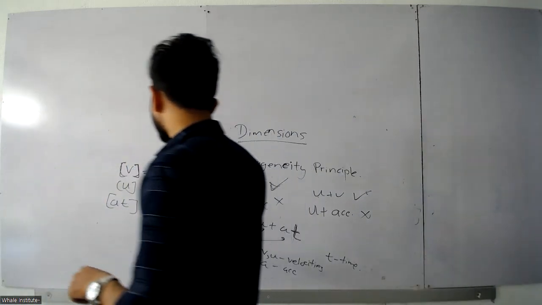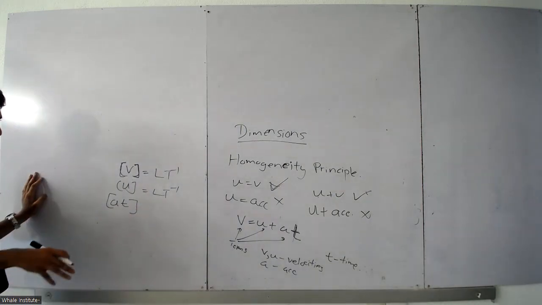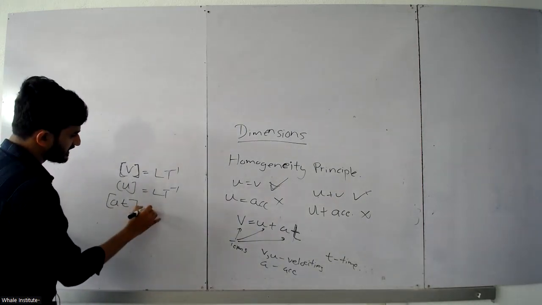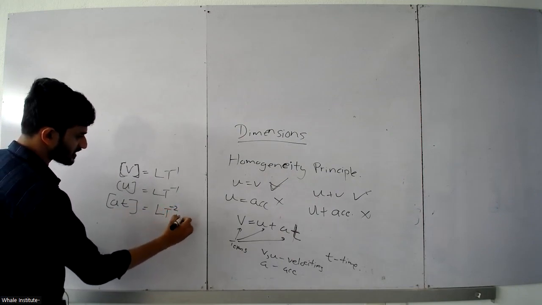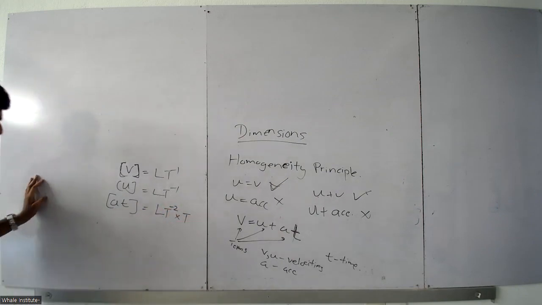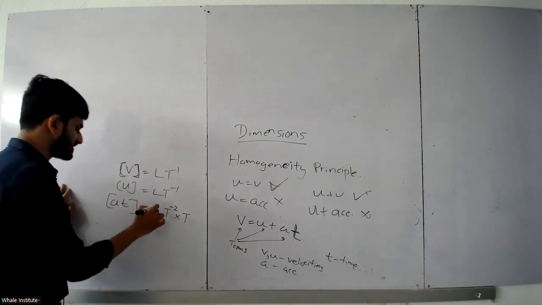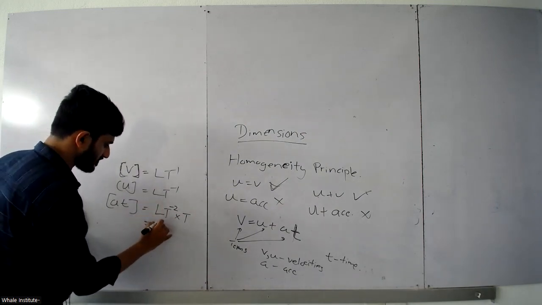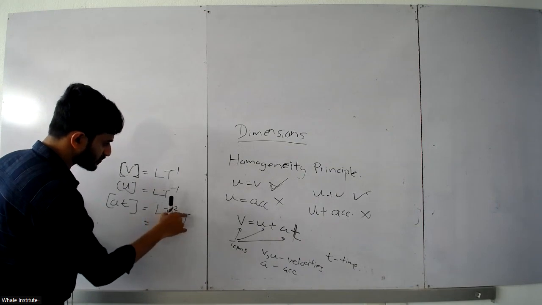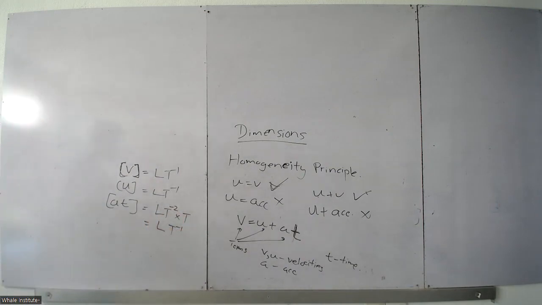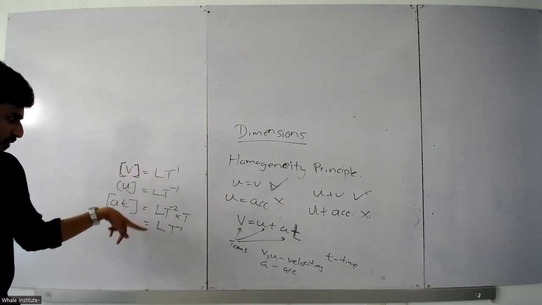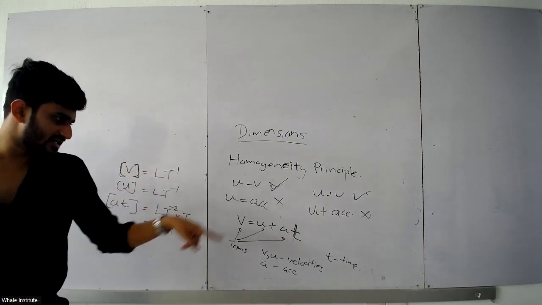We need the dimension of the term at together, not a or t separately. The dimension of acceleration is LT minus 2, and the dimension of t is T, so the result is LT minus 1. Here you can see that the dimensions of all three terms v, u and at are the same.